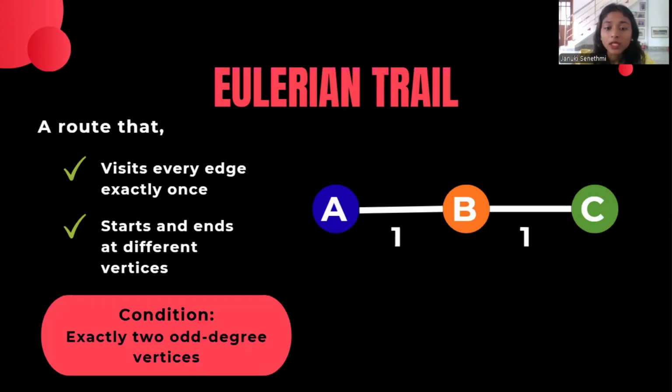For this to happen, the graph must have exactly two vertices with odd degrees. Those two odd degree vertices become the starting and ending point of the trail. This distinction is very important because the Chinese Postman algorithm usually aims to create an Eulerian circuit.